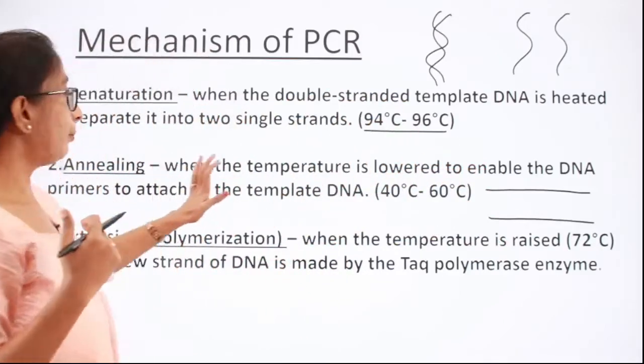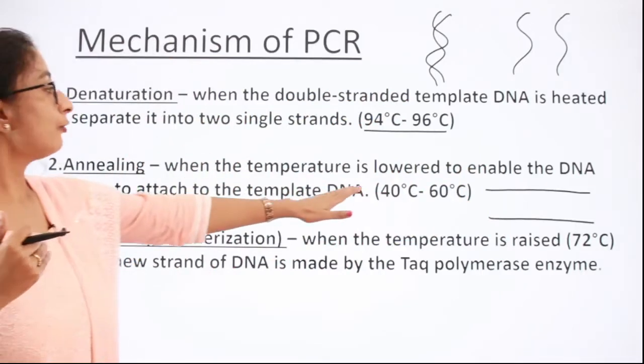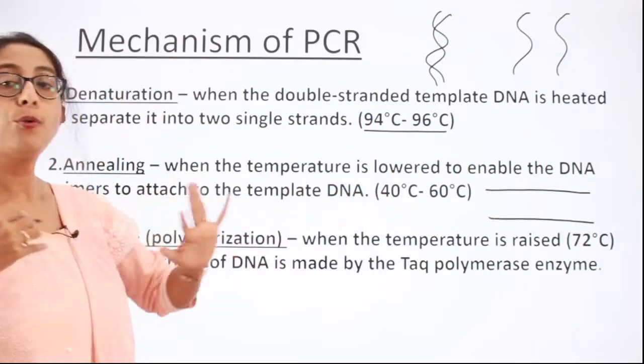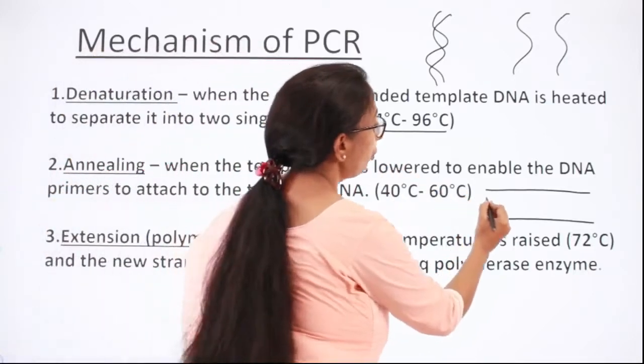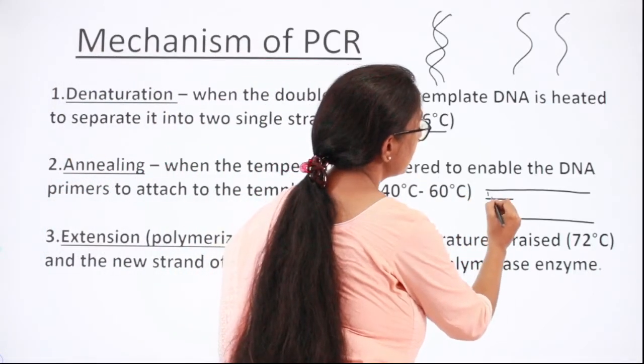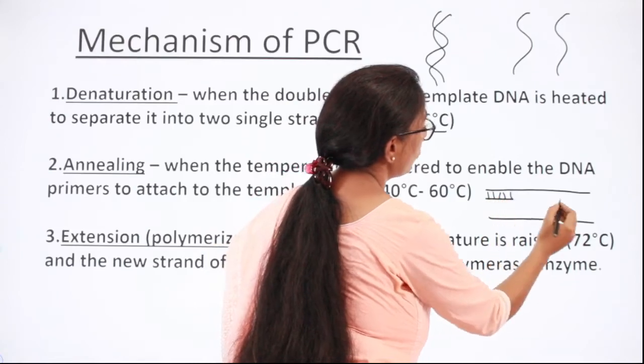So when the temperature is lowered to around 40 to 60 degrees Celsius, the primers which we have added will go and bind at the respective place where they are supposed to.